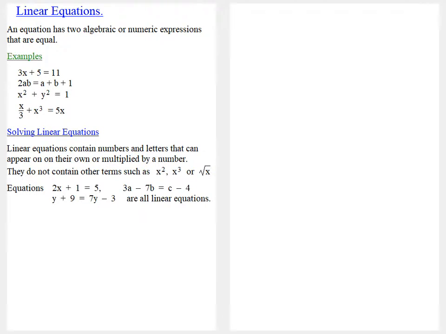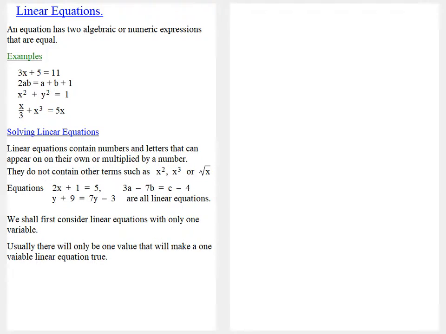Some examples of linear equations are 2x plus 1 equals 5, 3a minus 7b equals c minus 4, y plus 9 equals 7y minus 3. Now these are all linear equations, although the first and the third only contain one letter, and we shall first consider linear equations like these with only one variable.